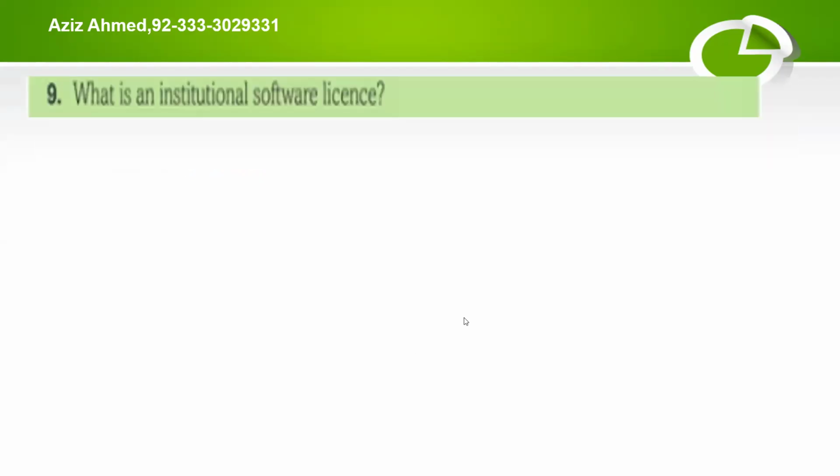What is an institutional software license?